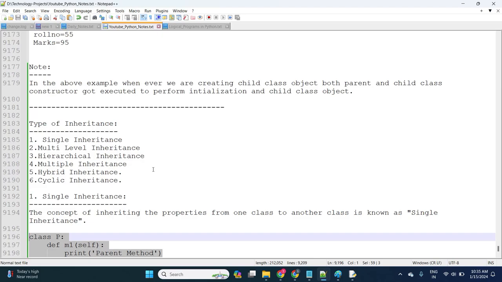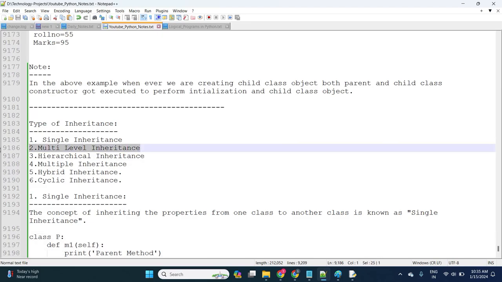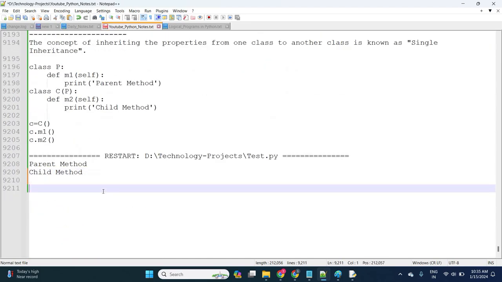Next, the second one is multi-level inheritance.